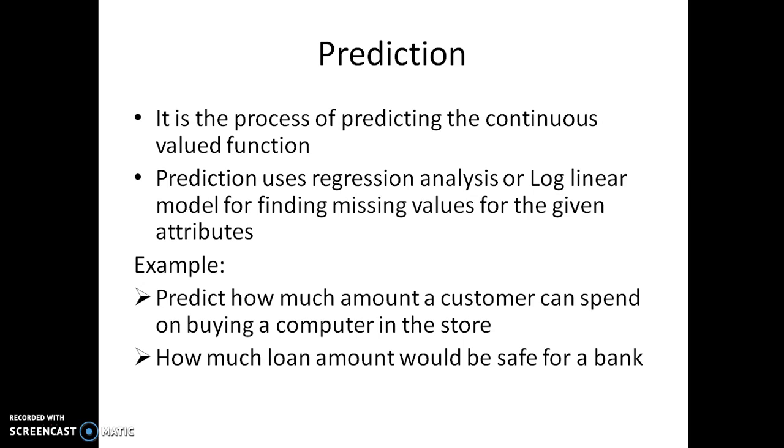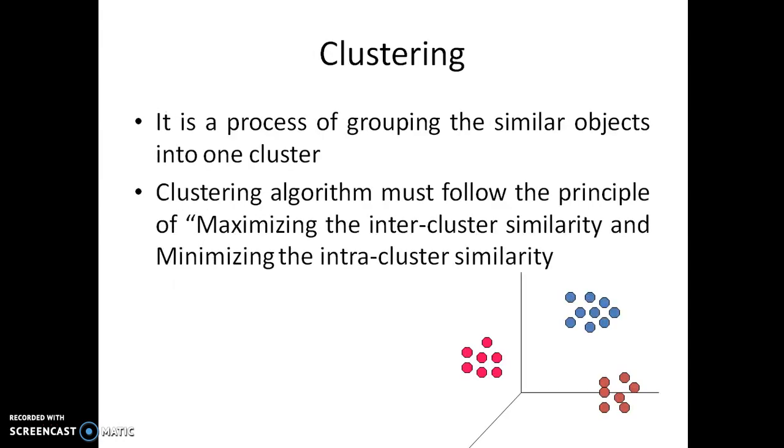The best example for prediction is guessing how much amount a customer can spend at a store, that is, the budget of a customer in buying a computer. Similarly, a bank manager may want to know how much amount he can sanction to an applicant so that the bank is in a safe mode.